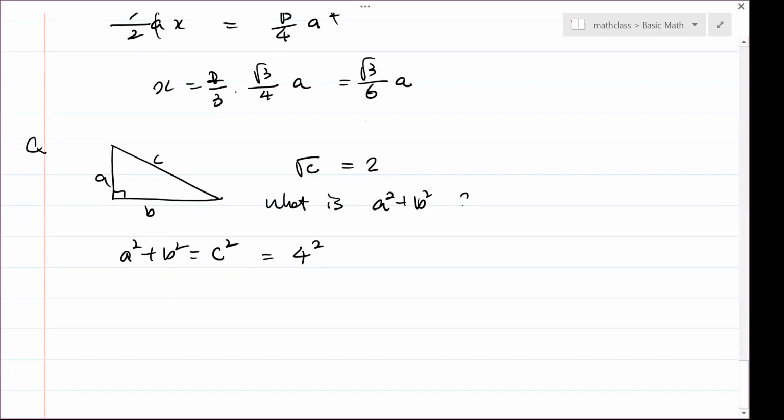Because this implies c equals 4, so c squared is 4 squared, which is 16. Okay, that's just like that.